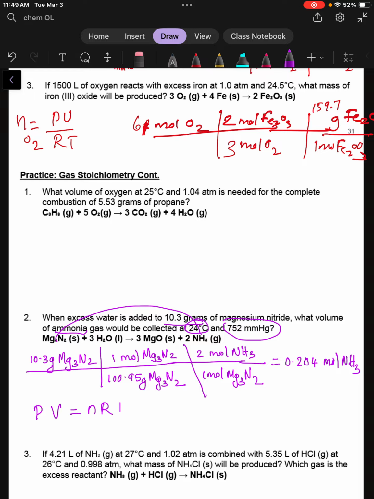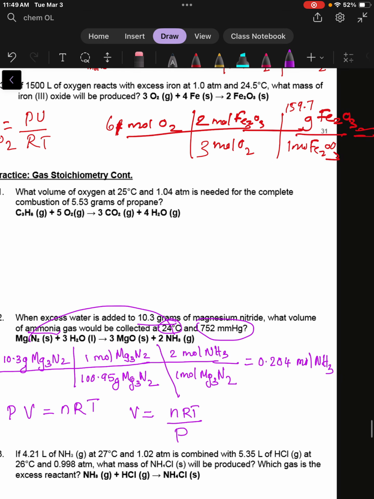Now we need volume, right? We need to use this equation. You can rearrange it or substitute; I always rearrange. That is V equals n times R times T divided by P. So n is 0.204 moles.